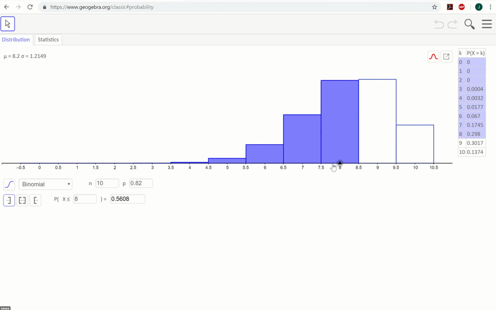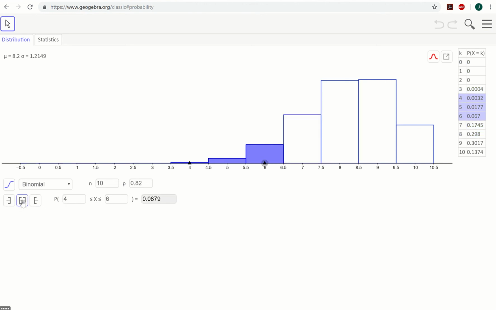So this one's going to calculate at a number or less than, so less than or equal to a number that you plug in there, and you can type in the number. Where I am right now, it says x less than or equal to 8, it's starting at 8 and creates this tail to the left. And what's given next to it in the notation, that 0.5608, that's the probability. So there's a 56.08% chance of her making less than or equal to 8 of the free throws.